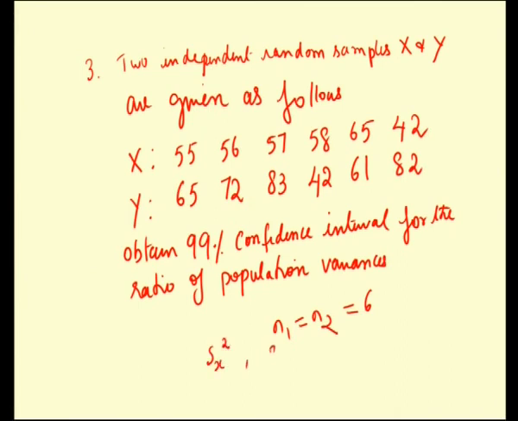So here to obtain the 99% confidence interval, you need to find out what is your Sx squared, Sy squared. So from x, you first find the small x squared, that is your sample variance. Having obtained the sample variance from S1 squared and S2 squared, find out capital Sx squared and capital Sy squared.